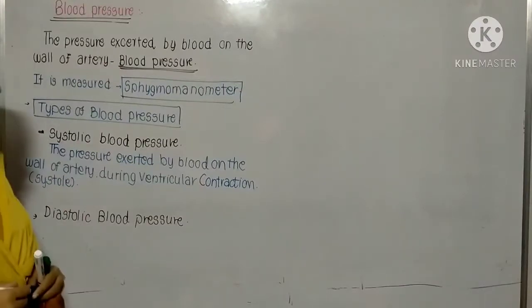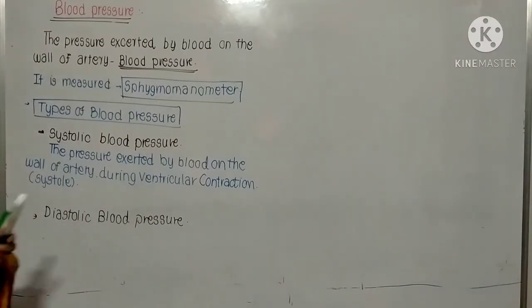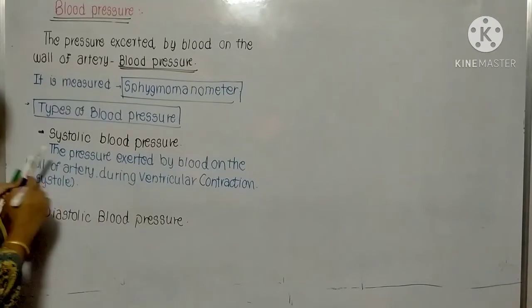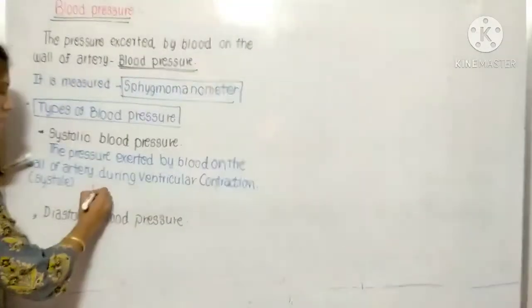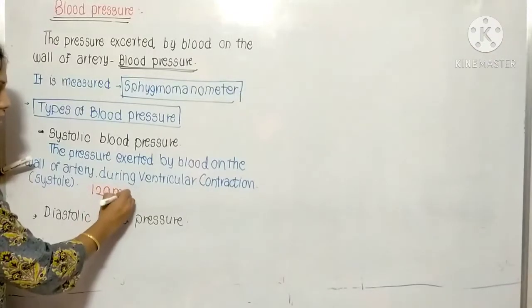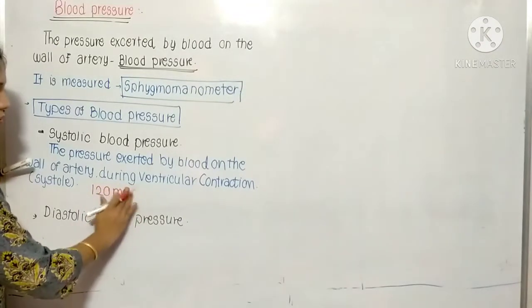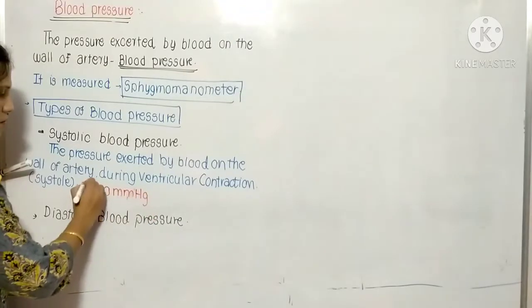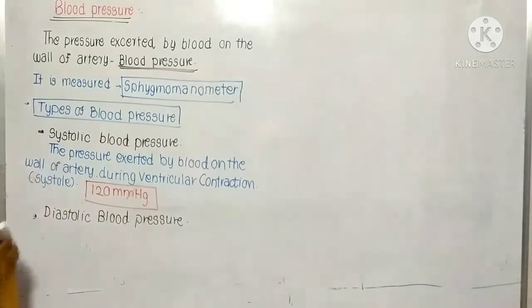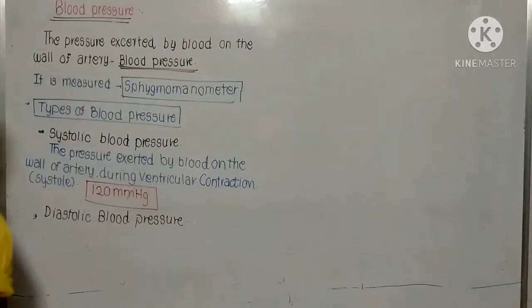And remember this one, the systolic blood pressure is always 120 mmHg. That is about the systolic blood pressure.